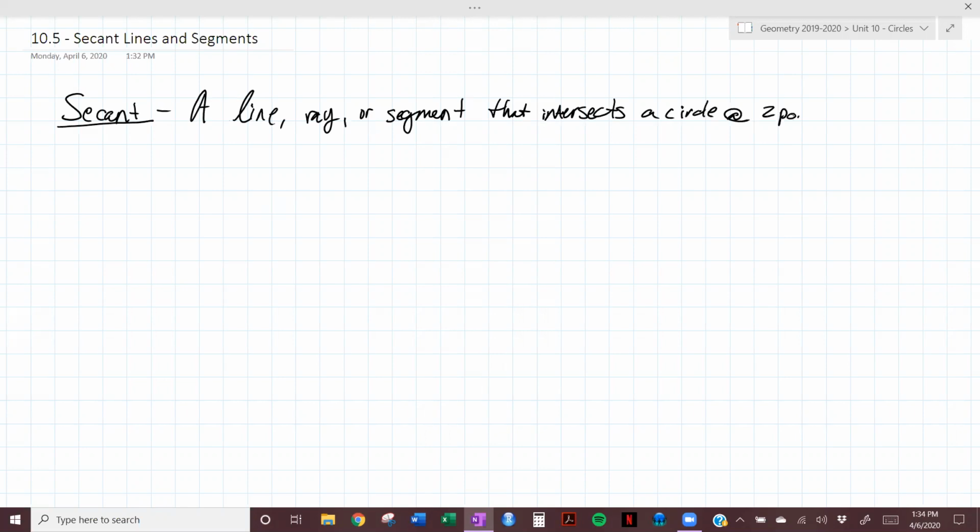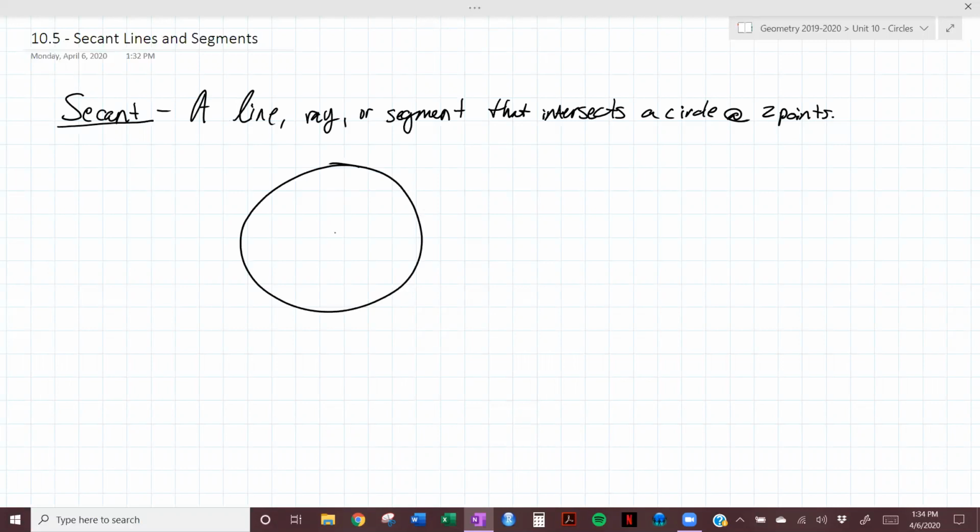So a secant is a line, ray, or segment that intersects a circle at 2 points. Okay, at 2 points. So we have this circle here.